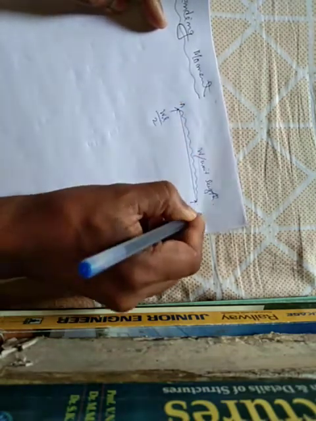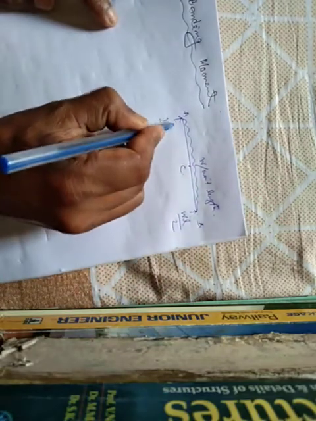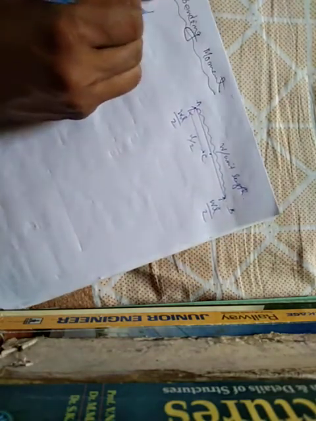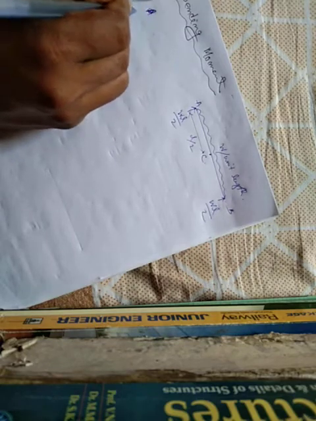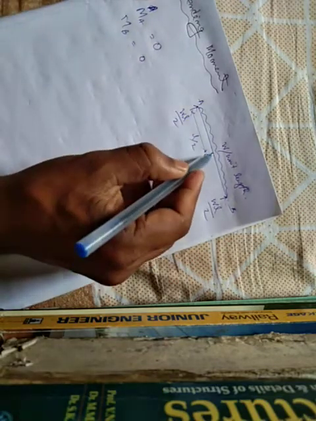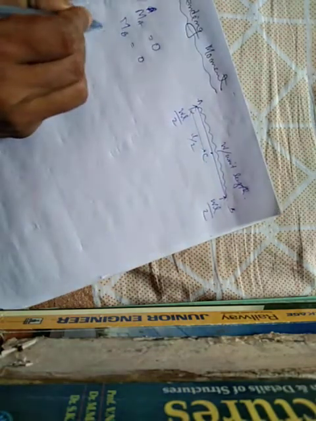This is A, this is B, this is the center C. And from here to here the distance is L by 2. Now bending moment at point A is equal to 0. Bending moment at point B is equal to 0. Now we only have to find out the bending moment at point C.